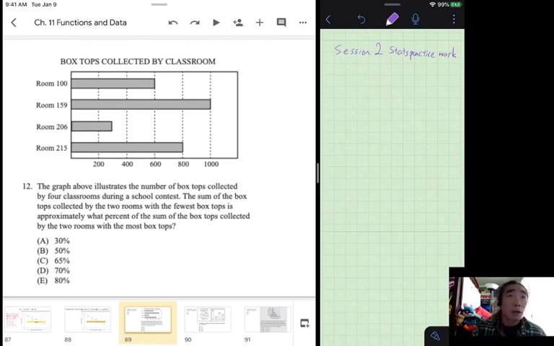So try to work through this problem. It uses the statistics ideas I've talked about this week, and then I'll slowly write out some ideas over here. Can everyone see the question okay? So while you're working, I'll be writing some things out over here.